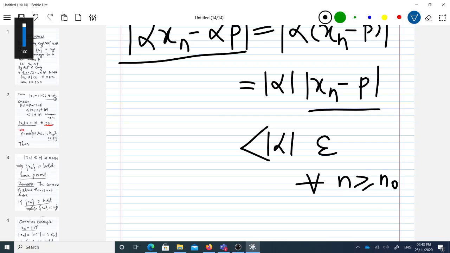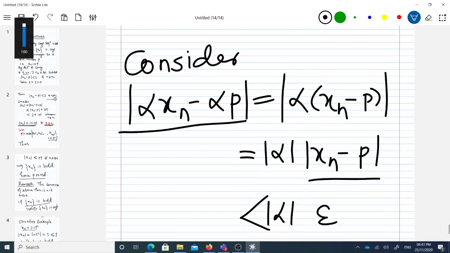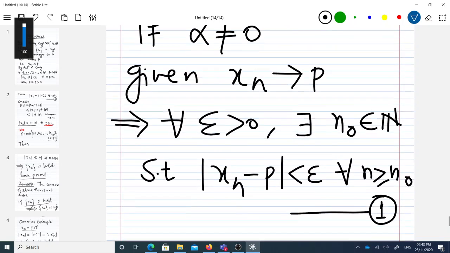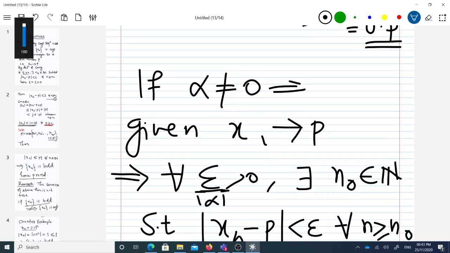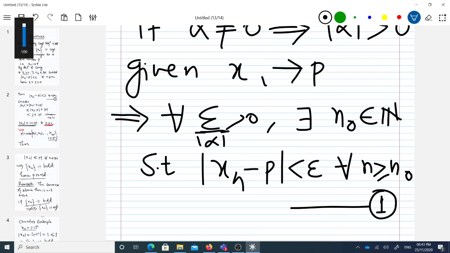Now here mod alpha is unnecessarily coming, so I want to get rid of mod alpha. A trick could be, while writing this, I will say that for every epsilon upon mod alpha greater than 0. Since alpha is non-zero, mod alpha is strictly greater than 0. That should be noted. So I will write epsilon upon mod alpha.